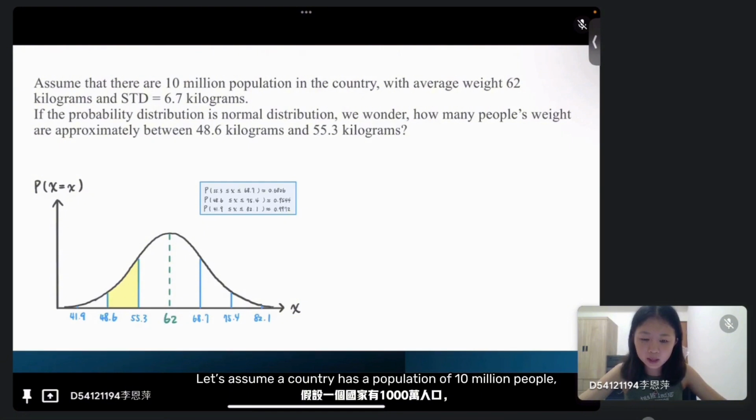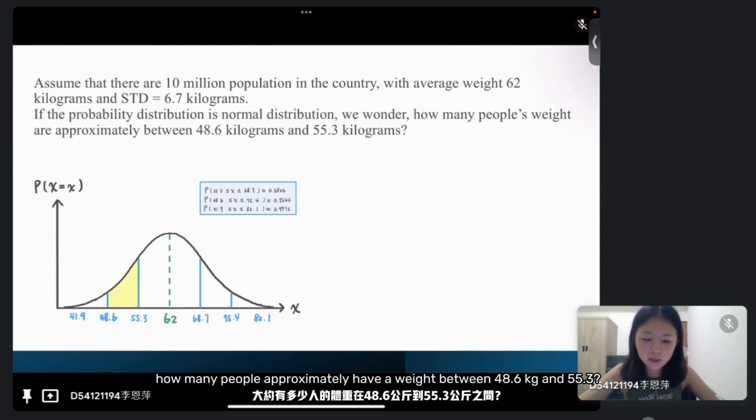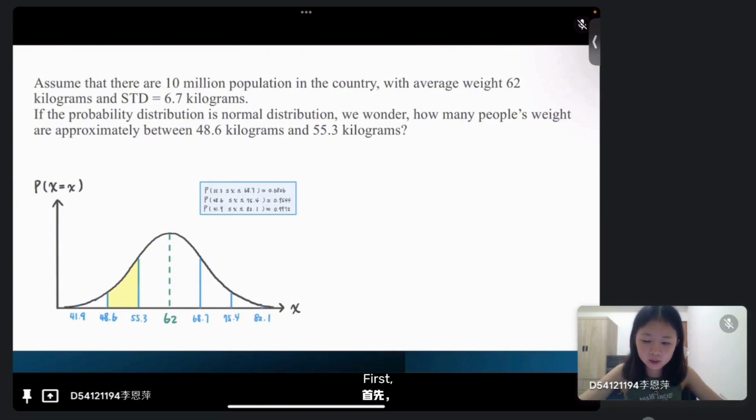Let's assume a country has a population of 10 million people with an average weight of 62 kilograms and a standard deviation of 6.7 kilograms. Assuming this distribution is normal, how many people approximately have a weight between 48.6 kilograms and 55.3 kilograms?